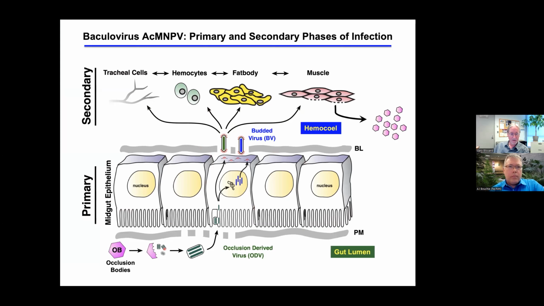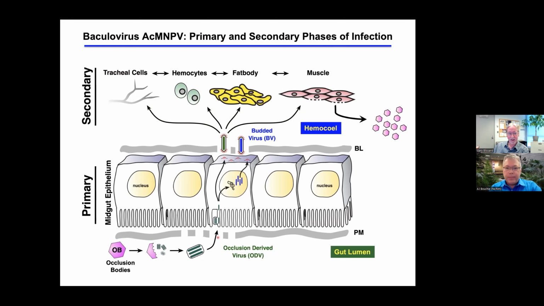When the gut gets infected by these occlusion-derived virus particles, which come out of the occlusion bodies, those are the harder, spore-like, crystalline form. Yes, and they're very resistant to the insults of nature, sunlight and desiccation. They can persist in the environment for long periods of time. We consider them environmentally stable. Gotcha.